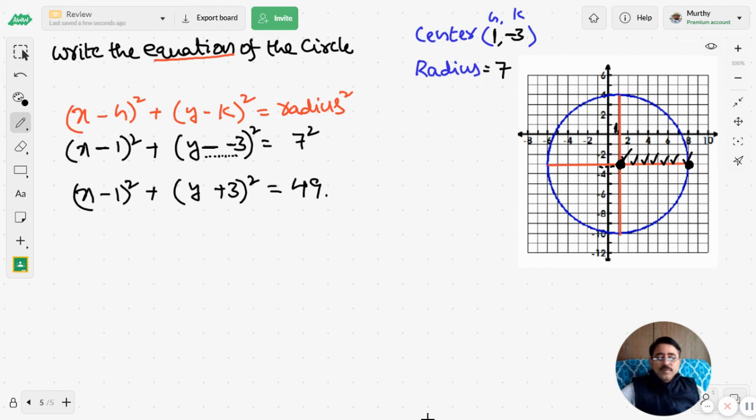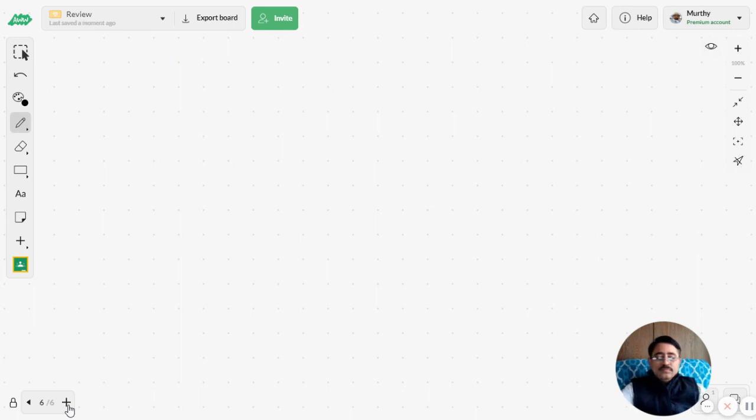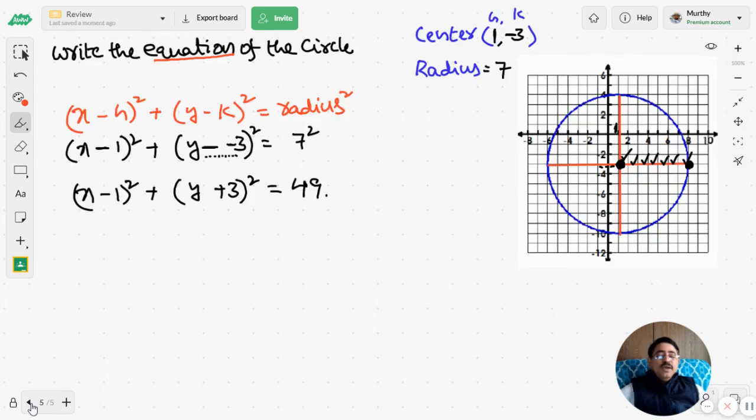Okay, so let me take one more question. So quickly to summarize, if a circle diagram is given, draw a vertical line and a horizontal line to identify the center and also to find the radius.